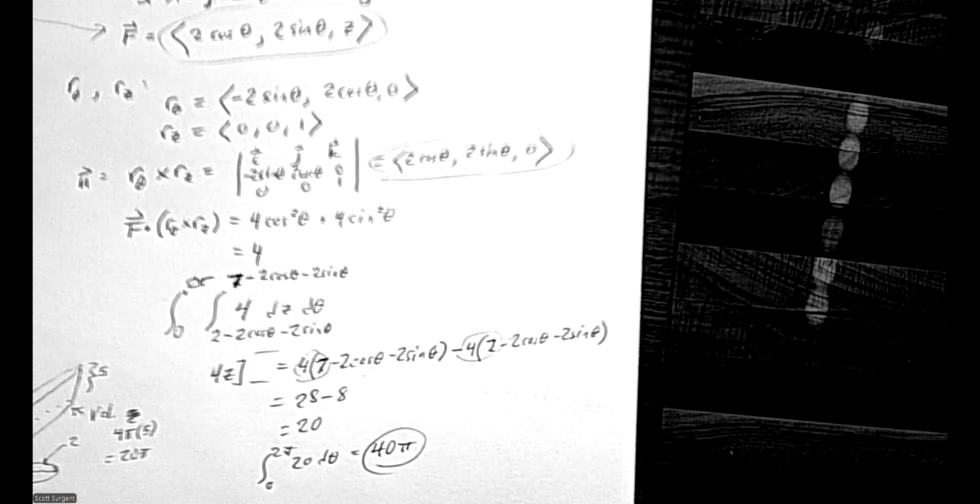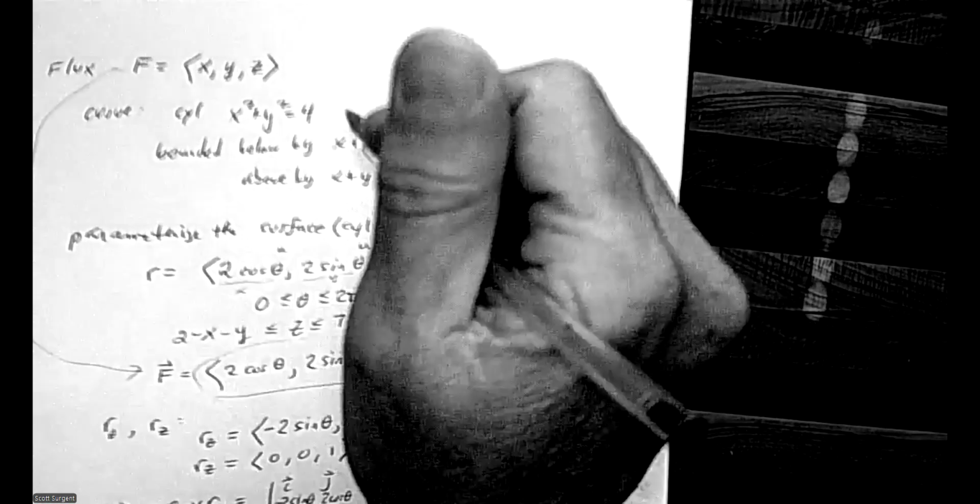The only other thing that I wanted to do here, I need to think this out. So that's why I'm kind of doing this as I go along. With the divergence theorem, you take the divergence of the vector field. The divergence, div f, is basically the partial derivatives with respect to x, y, and z respectively, and you just get 3. 1 plus 1 plus 1 is 3.